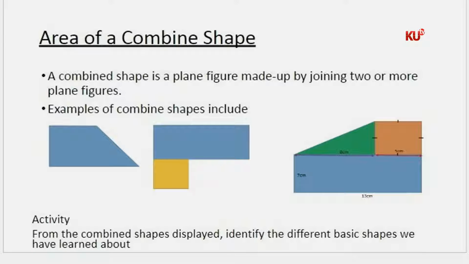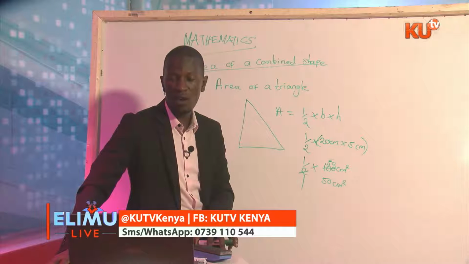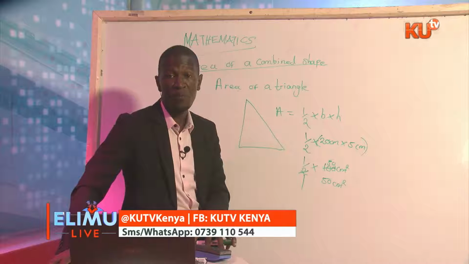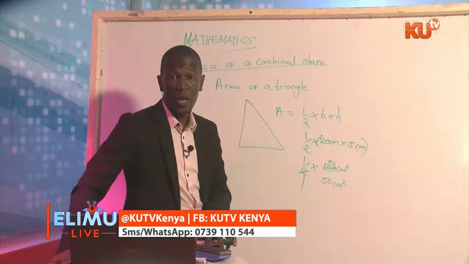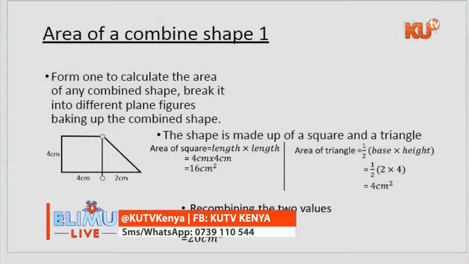Let's move on and look at how to work out area of combined shape. Still stuck on our screen, we can see, for 1, to calculate the area of any combined shape, break it into different plane figures. And when I talk of plane figures, I mean the basic shapes.